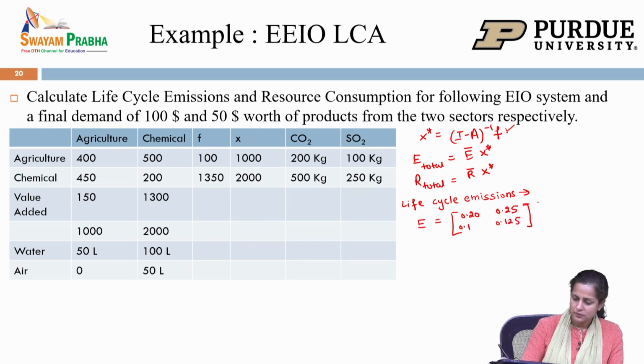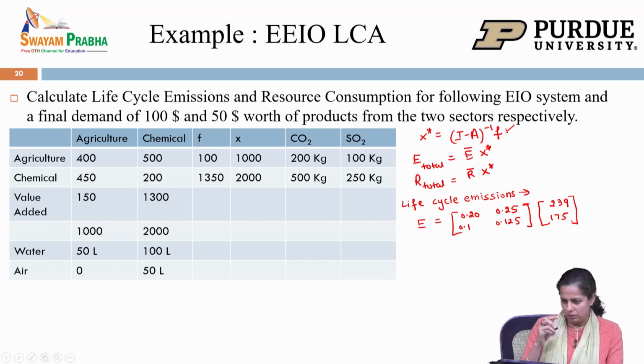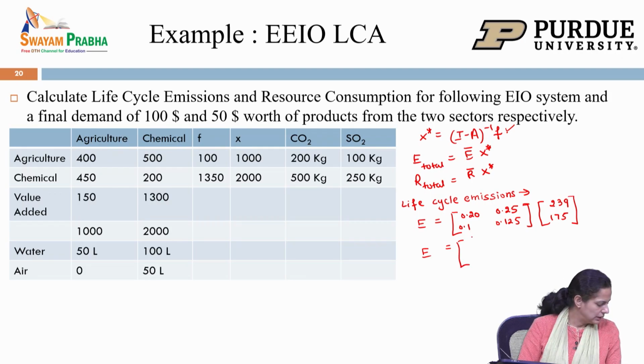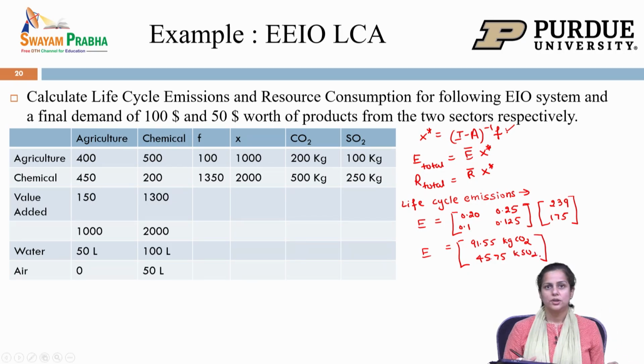Our x star we had calculated as 239 and 175. So, we multiply that and your E will come out to be 91.55 kg CO2, and this is 45.75 kg SO2.